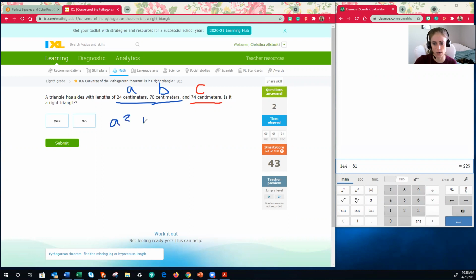We have A squared plus B squared equals C squared as our Pythagorean theorem. Let's substitute. A squared, 24 squared, plus B squared, 70 squared, equals C squared, so 74 squared.